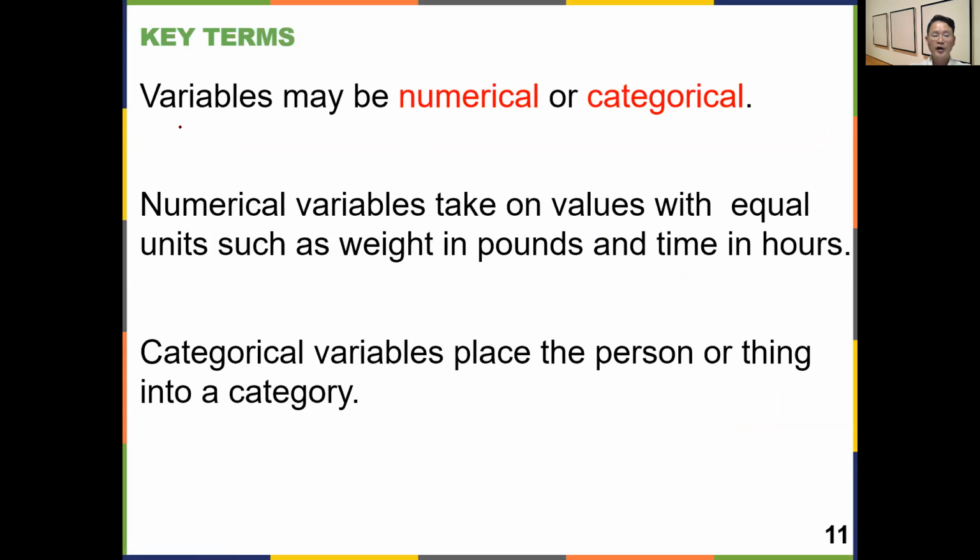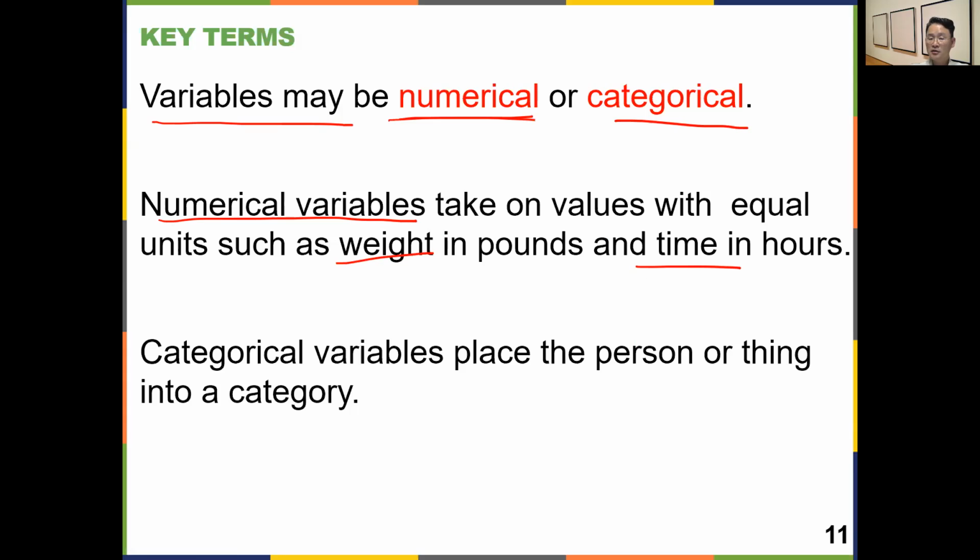So a variable may be numerical or categorical. A numerical variable means it's going to be a number type of variable. What could be a number type of variable? Well, like age. What else? Weight of something, or time, or money, or length.